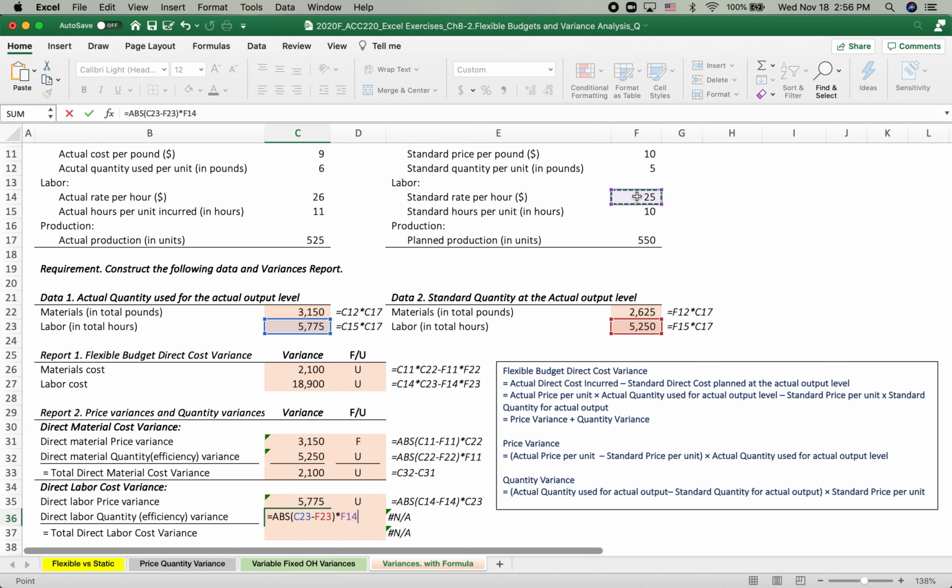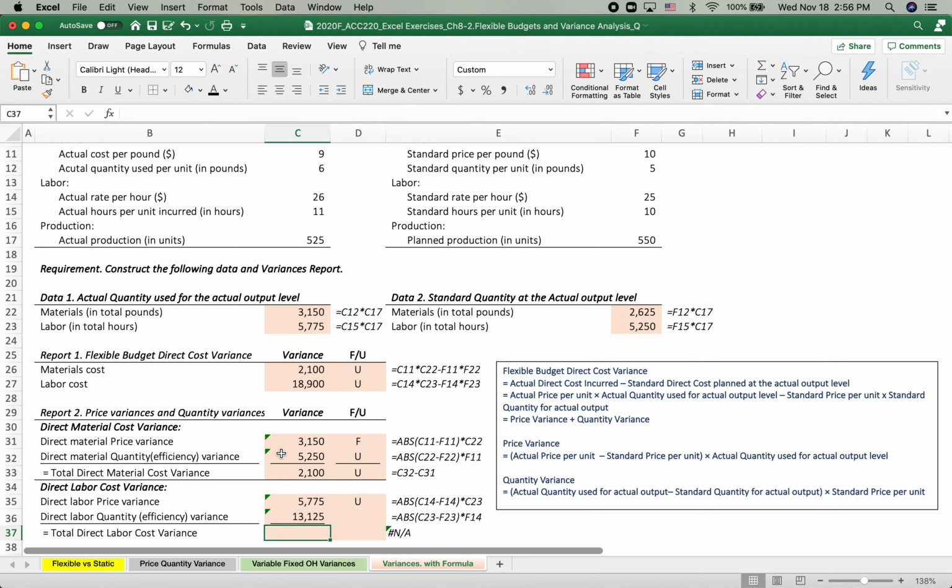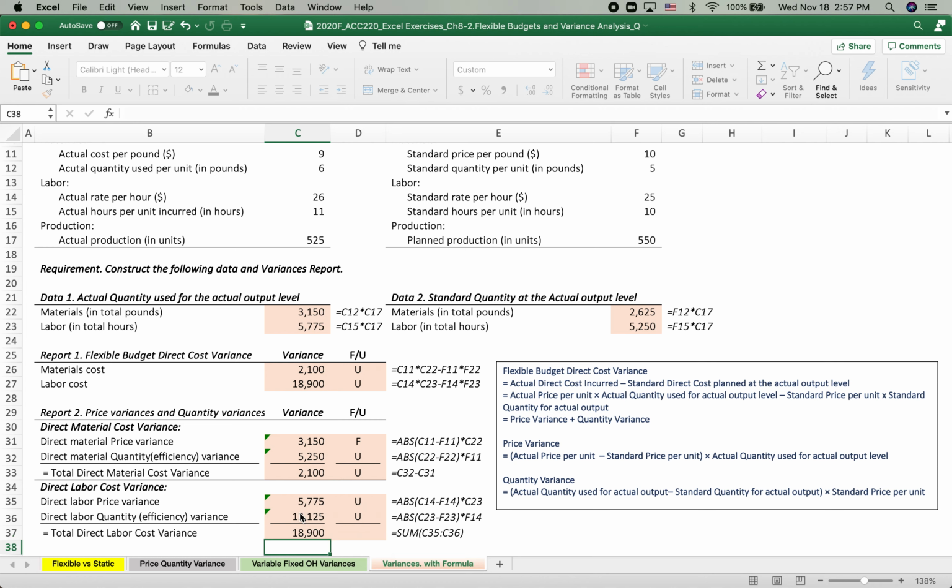Yeah, here you go, standard rate per hour 25. So we got 13,125, an unfavorable result as well on the labor quantity. So we can just sum these two numbers up.